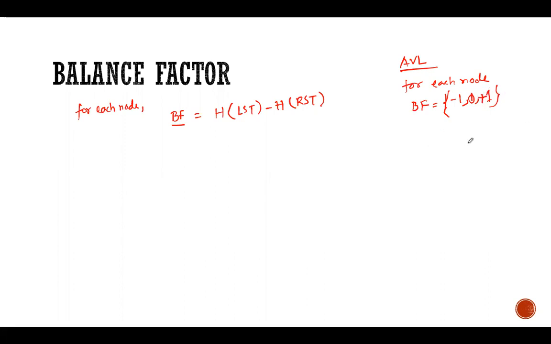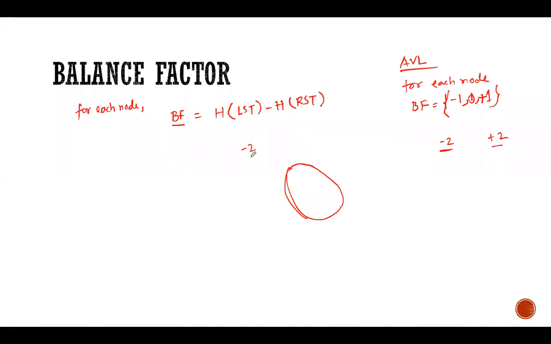Whenever a node gets a balance factor of -2 or +2, it doesn't have to be +3 or -3, that means this tree needs rebalancing.